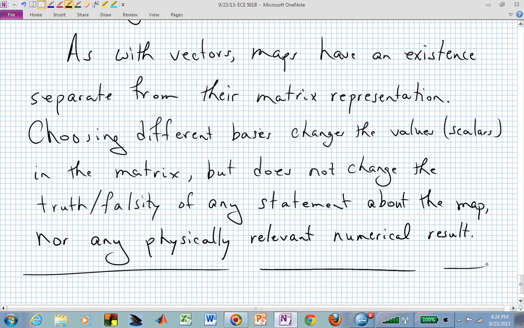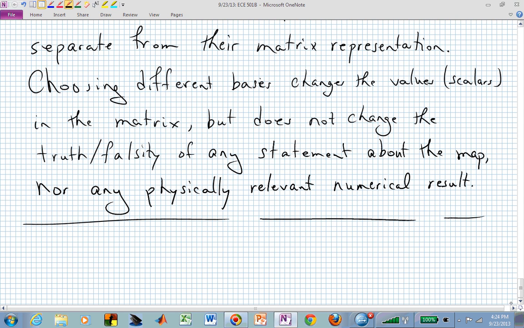And that's hopefully clear from that previous example. That's why I spent some time with that example, to try to get you to see that even though the linear map didn't change, the matrix associated with that linear map was quite different, or could almost be anything depending on what you've selected for your basis vectors.